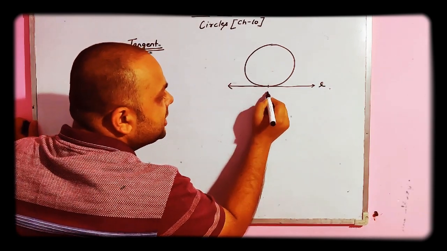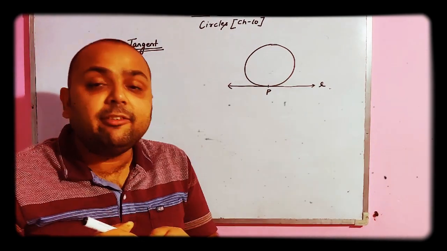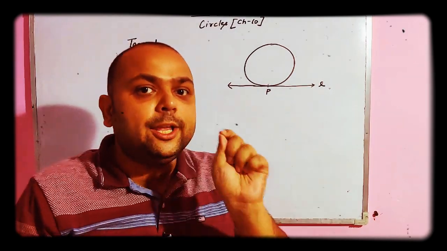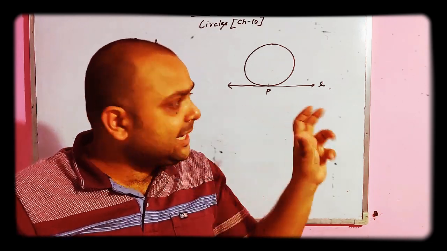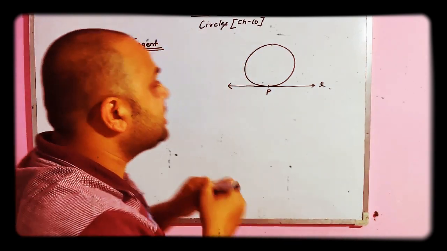This line is touching the circle at only one particular point, which is P. We have a line here, L, which touches the circle at only one particular point, P. That line is called a tangent.